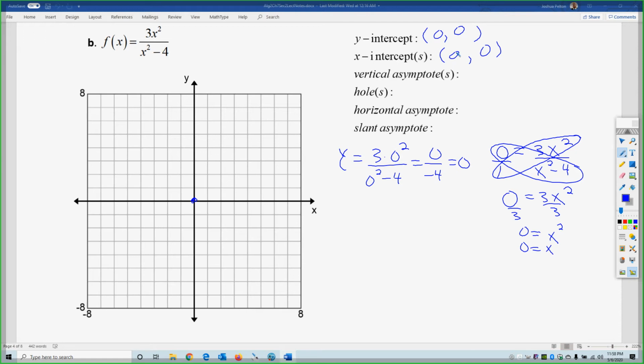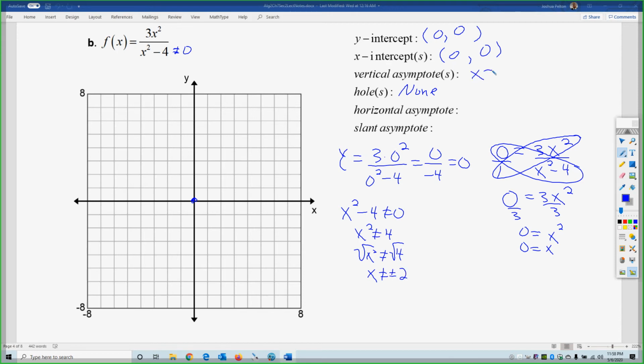Okay, vertical asymptotes. The numerator and the denominator have nothing in common. Therefore, there are no holes. But x squared minus 4 cannot be 0. Okay? So x squared cannot be 4. Or if I square root, x cannot equal plus or minus 2.